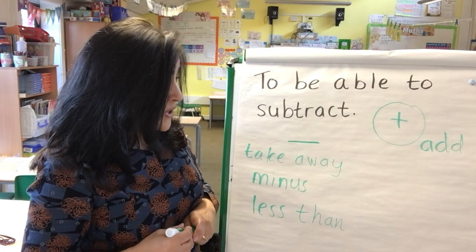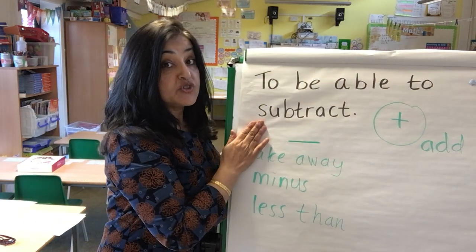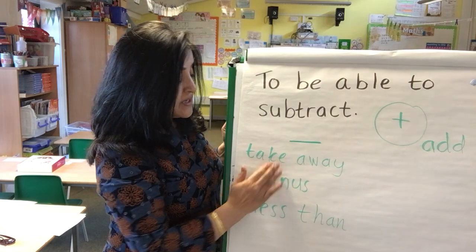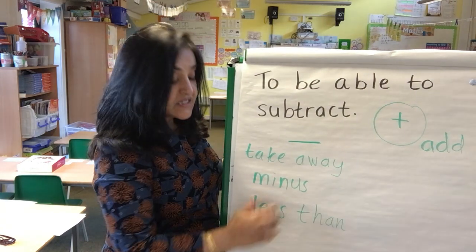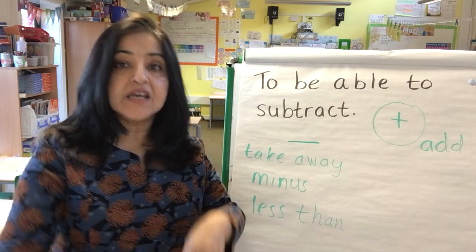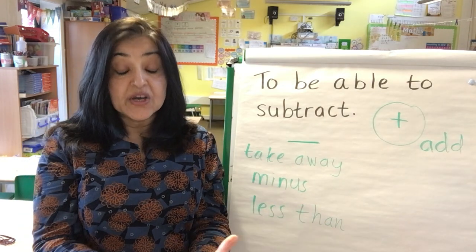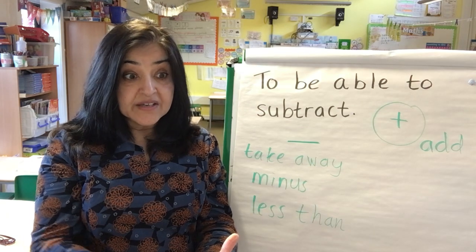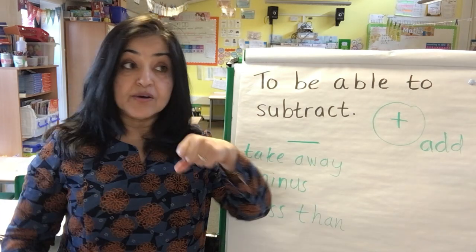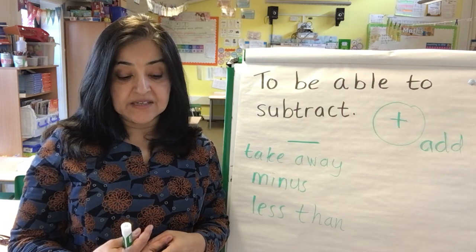But all I want you to know is whether we use the word subtract or subtraction, take away, minus, less than, it means the same thing. We are taking away from something. So we start off with a total first, then we take some away, and then now we're left with the answer.